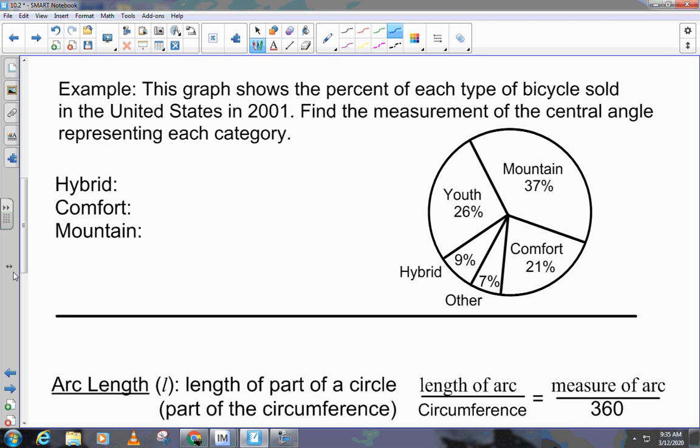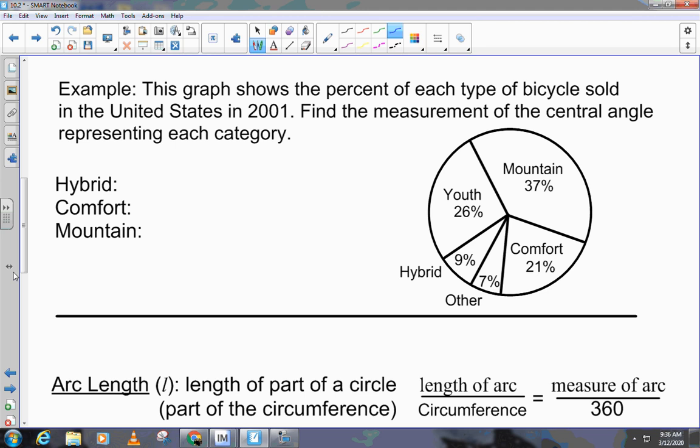Okay, 26 were youth bikes, comfort was 21%, and so forth. Okay, we created this graph, but what if you had to do it by hand? Okay, what is this 37% of whenever creating the pie chart? Well, it is 37% of 100, right? But of the chart, it's 37% of 360 degrees, right?